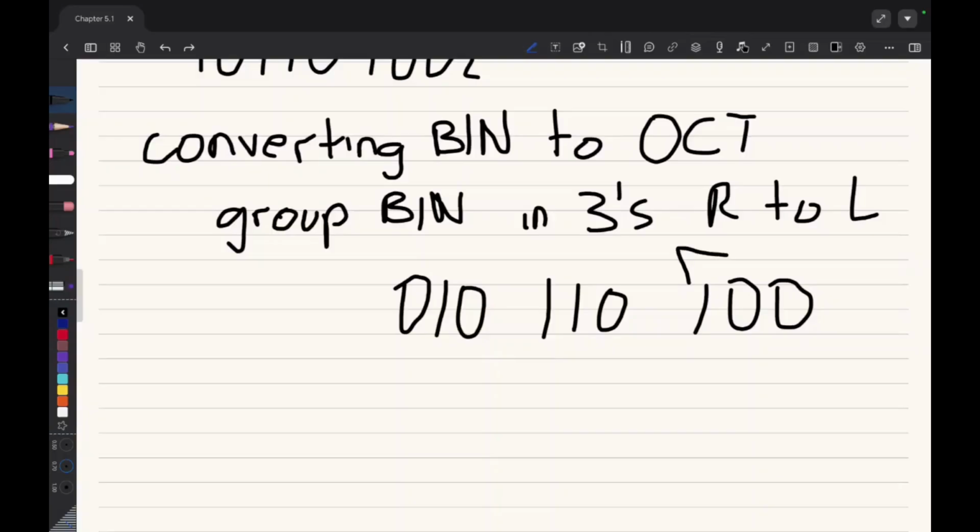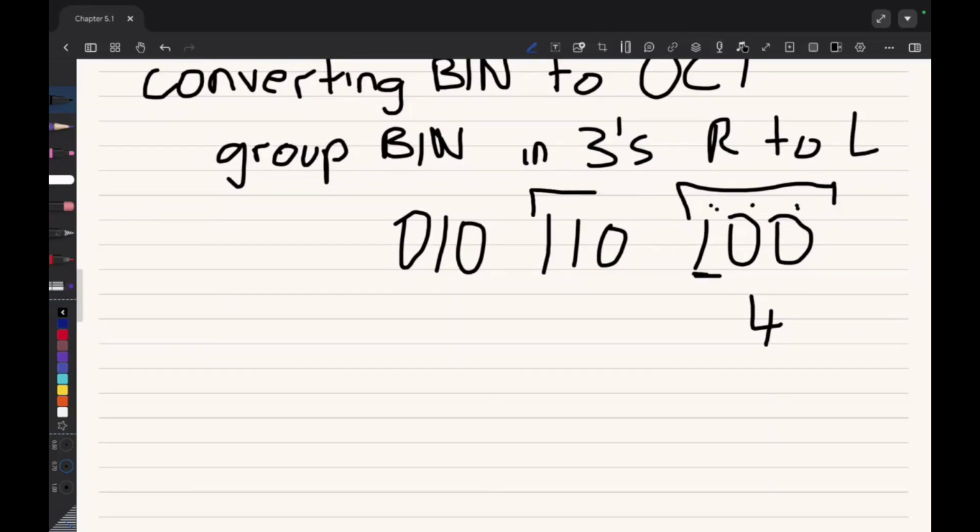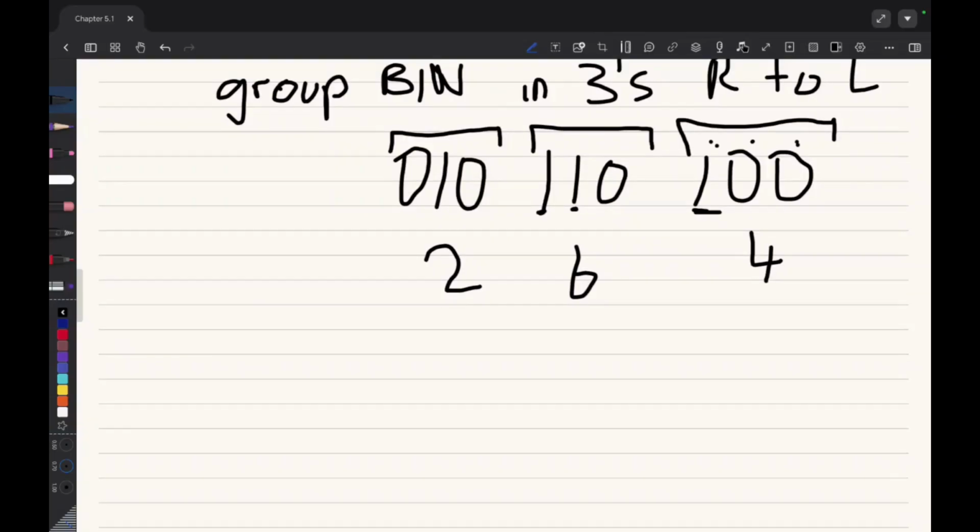Now let's convert these groups. What's going to be this number? It's going to be 4, because 1, 2, 4, and 4 is the only one that's on. Now let's move to this one. We have a 4 and then a 2, so this is going to be a 6. Then the last part, we have a 2. So this is going to be 246.